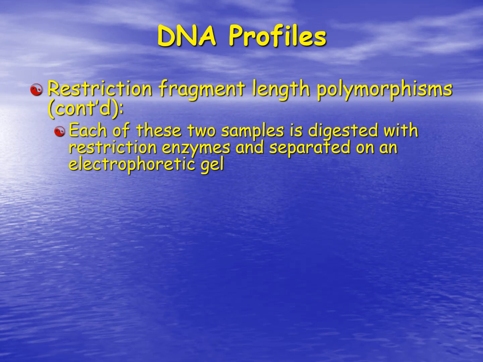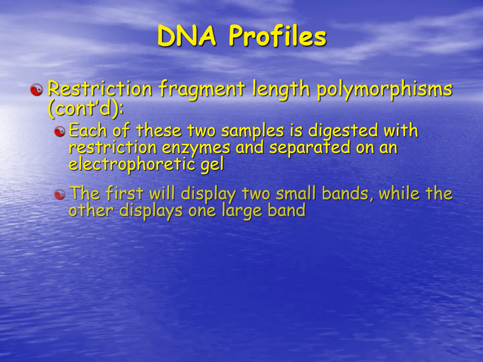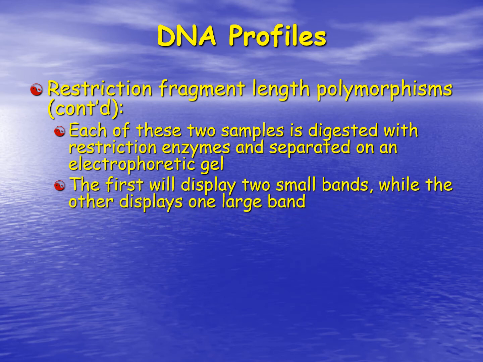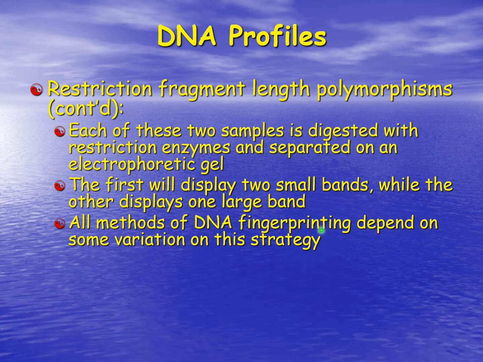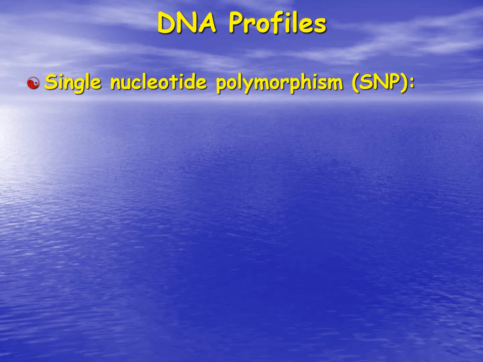Each of the two samples is then digested with restriction endonucleases and separated on an electrophoretic gel. The first will display 2 bands, while the other one will only display 1 large band. All methods of DNA fingerprinting depend on variations of this same strategy.